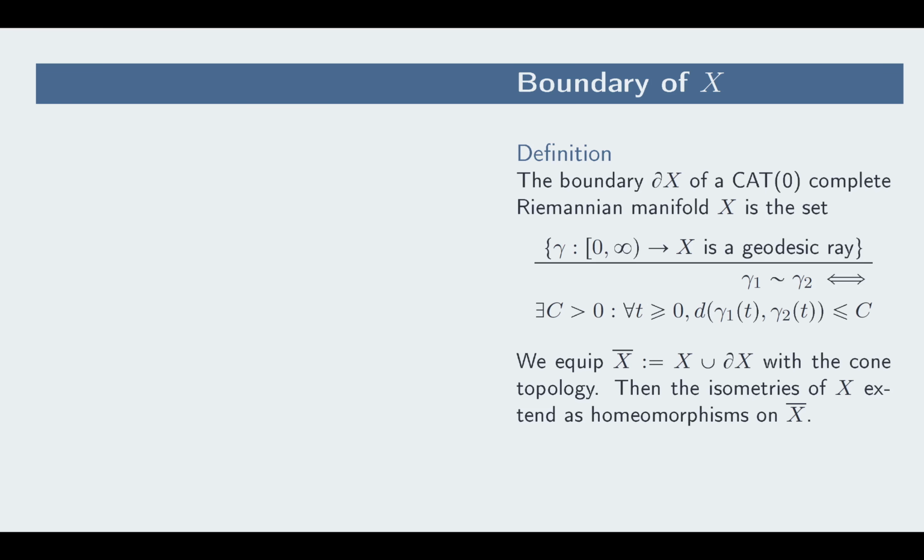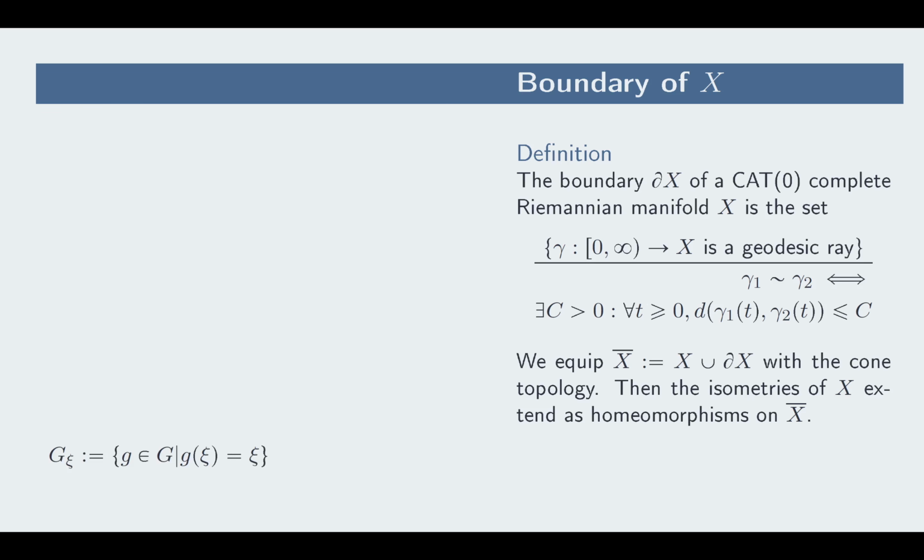Now we can put a topology on X union the boundary, which is called the cone topology. There will be multiple topologies put on the boundary, and this is the first of them. For a CAT(0) manifold of dimension n, X bar is homeomorphic to the closed ball, and the boundary will be Sn minus 1. And isometries of X will extend to X bar as homeomorphisms.